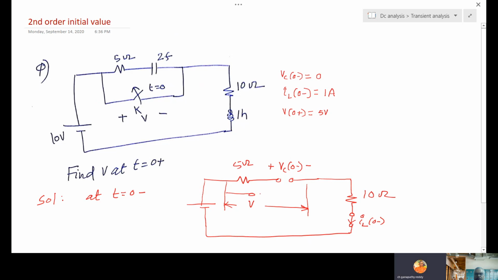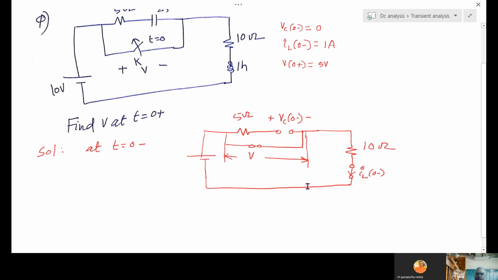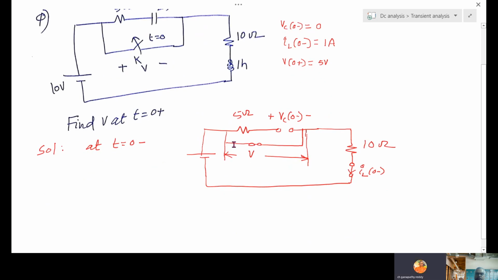So switch is closed at 0 minus. When switch is closed, there is a source of 10 volts. So this switch is closed.